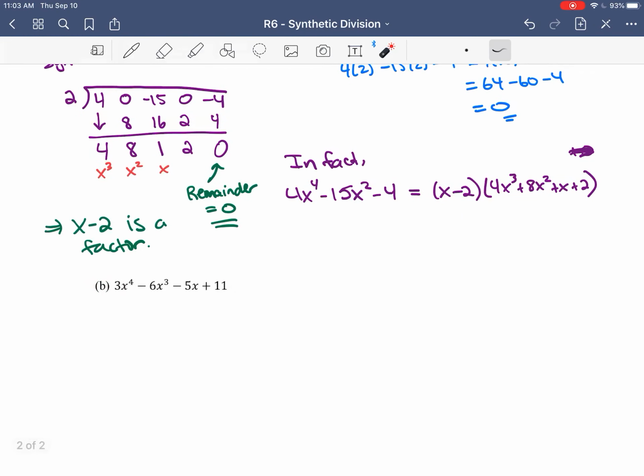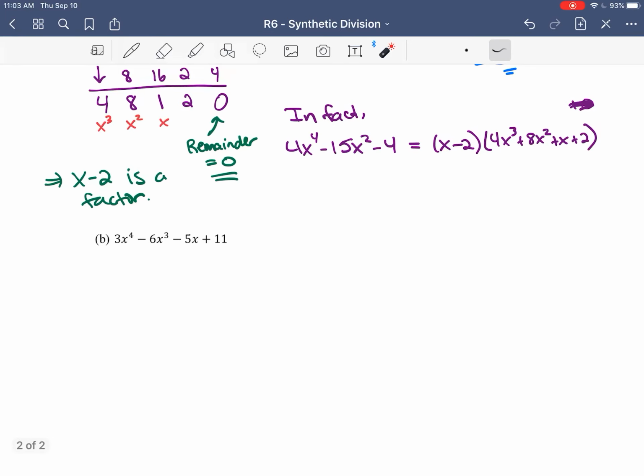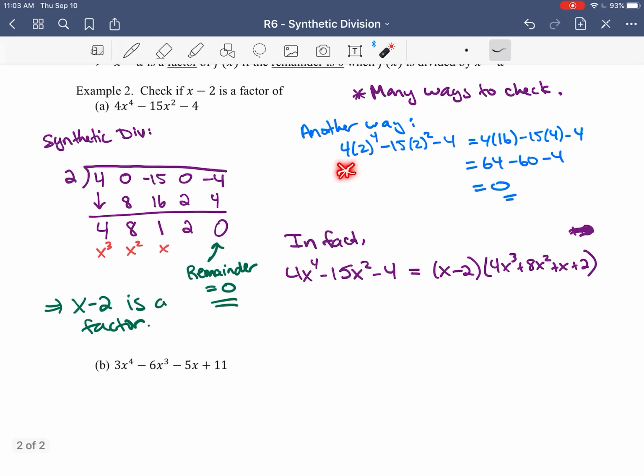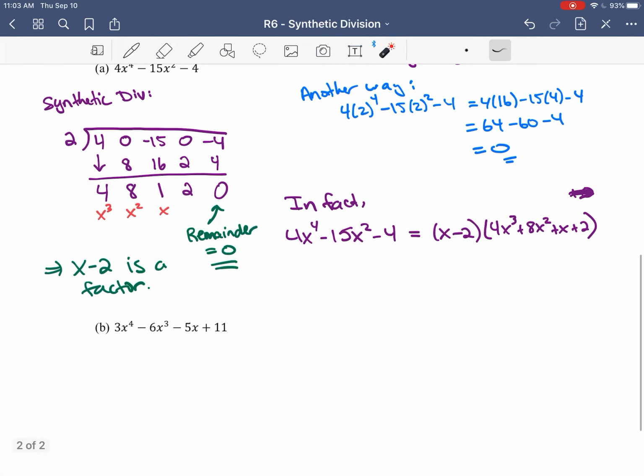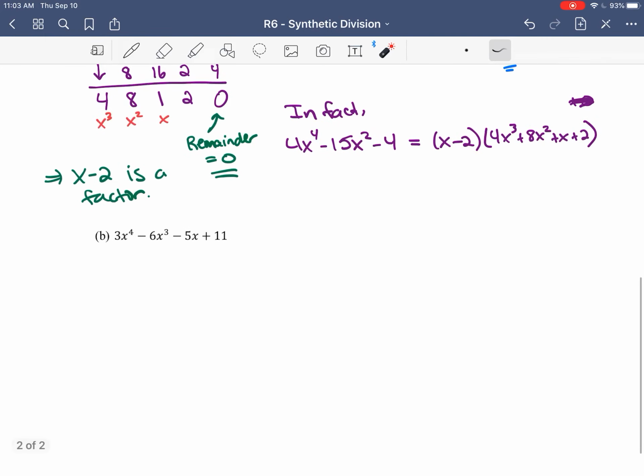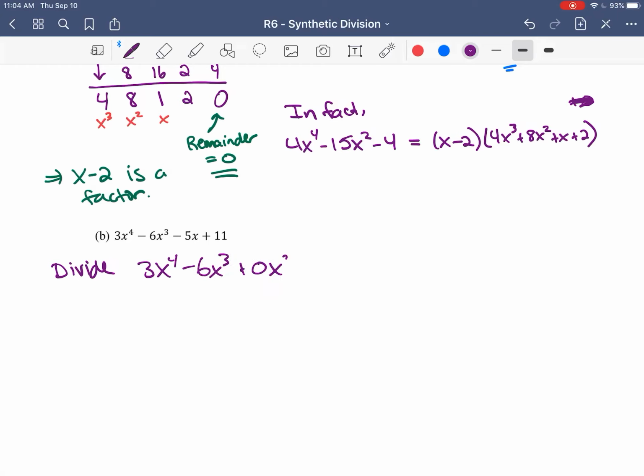We just want to do division. I mentioned before that you could just plug it in and that will tell you if it's a factor as well. But if we do the synthetic division, then we have the factorization as well. So we want to divide 3x to the 4 minus 6x cubed plus 0x squared minus 5x plus 11 by x minus 2.